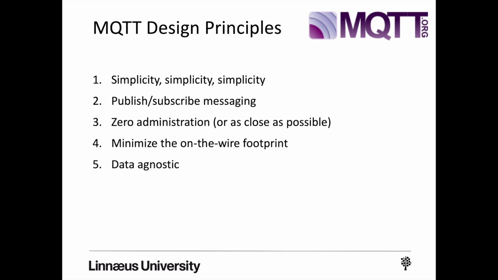There are some design principles for MQTT. As I mentioned earlier, MQTT is lightweight, so it must be simple, and since it is lightweight, it does not take much bandwidth in the network. Networks that have a small data rate or large range, like LoRa, are more suitable for the MQTT protocol.